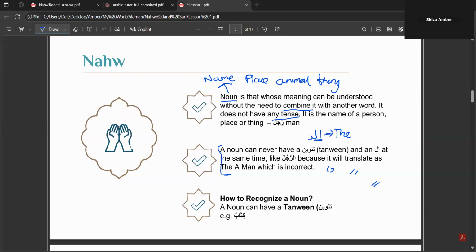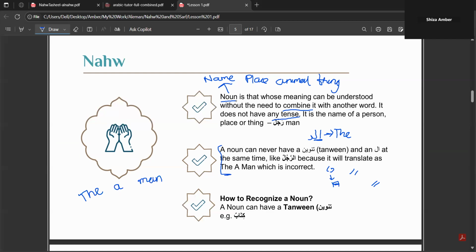If you see a tanween, then tanween will translate into a, okay? Al will translate into the, and tanween will translate into a. Before I explain this point, I want you to tell me, have you ever heard this sentence in your life? Let me write it, and then you can tell me. The a man. Have you ever seen this English anywhere?